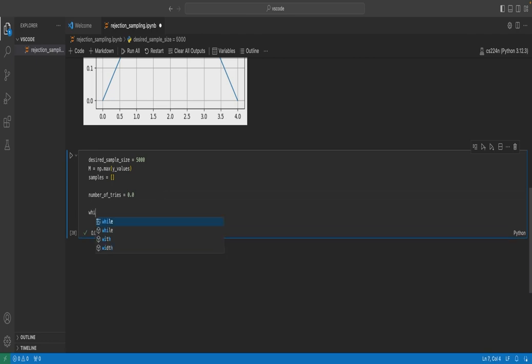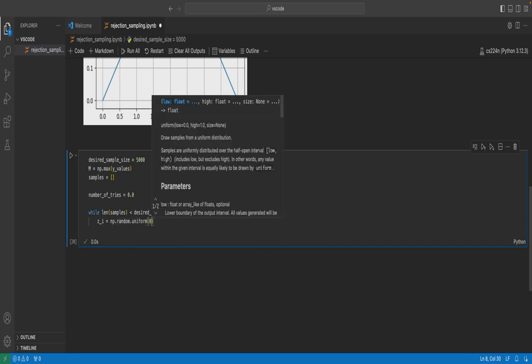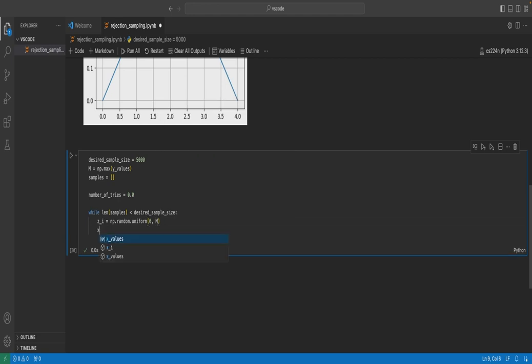So while the length of samples is less than the desired sample size, we will draw from the uniform distribution. We will take a uniform draw from 0 to m, and then we will get another uniform draw, this time from 0 to 4.